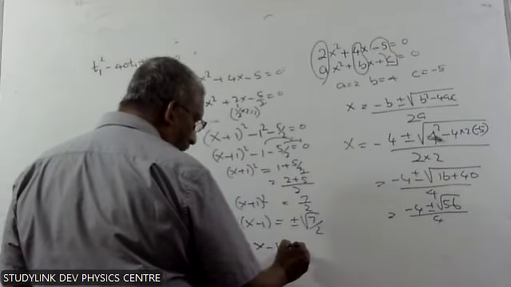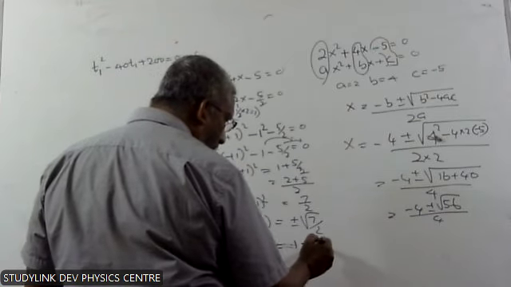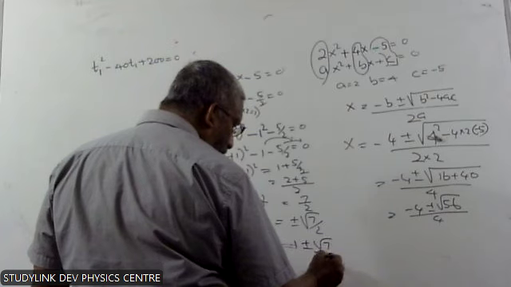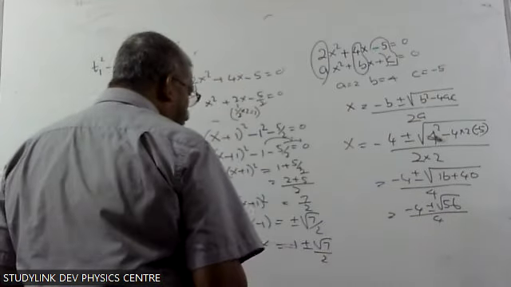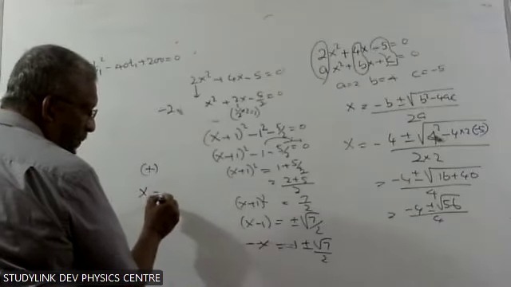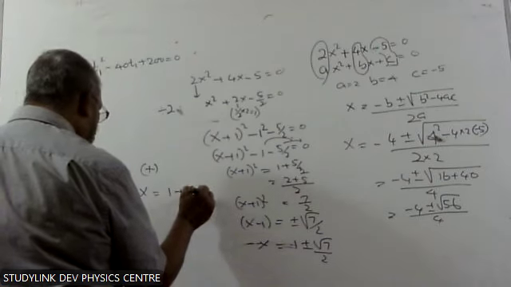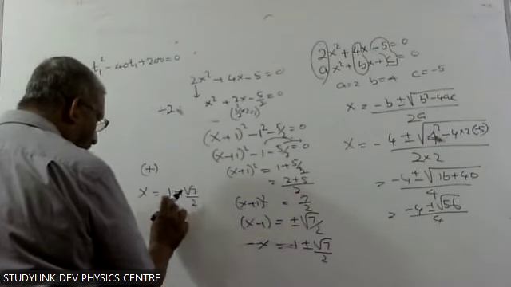X is equal to 1 plus or minus square root of 7 by 2. When you consider a plus sign, then you get x is equal to 1 plus square root of 7 by 2. Get the square root of 7, then divided by 2 and add it.